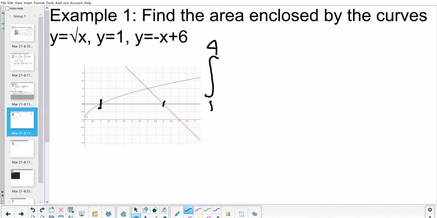From 1 to 4, the top function is always the square root of x, and the bottom function is always y equals 1. Okay, so these are the y equals functions. This is y equals the square root of x minus y equals 1. Top function minus bottom function. But that's only from 1 to 4 where they intersect.